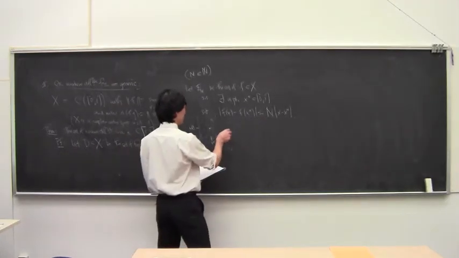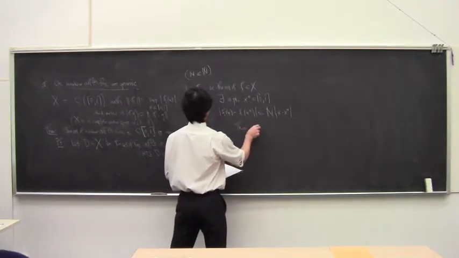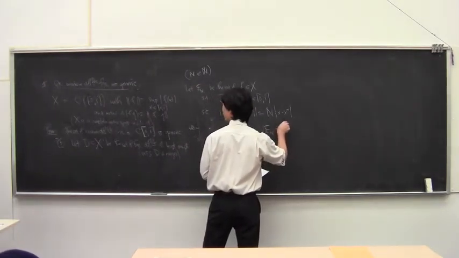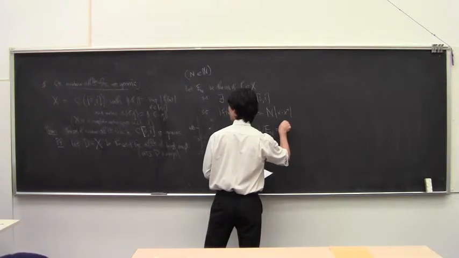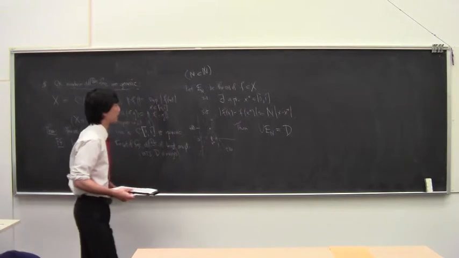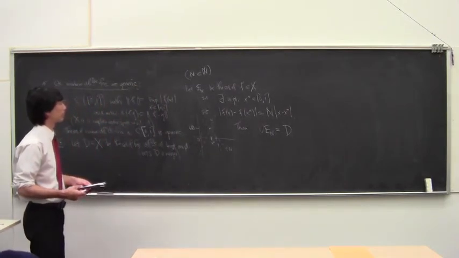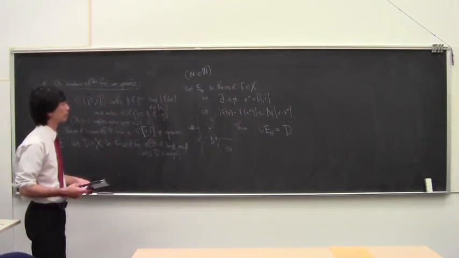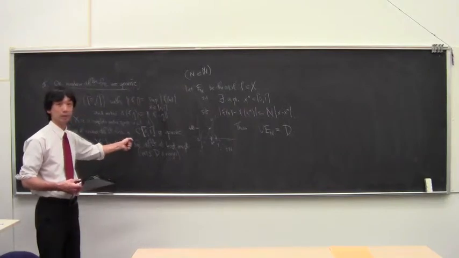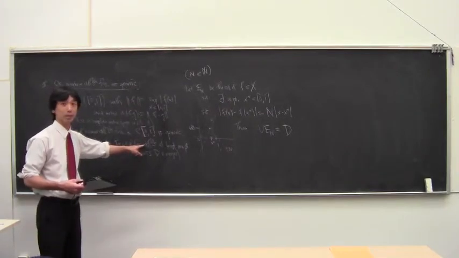So then the union of these E_n's will exhaust D. The x star will be the point of differentiability.